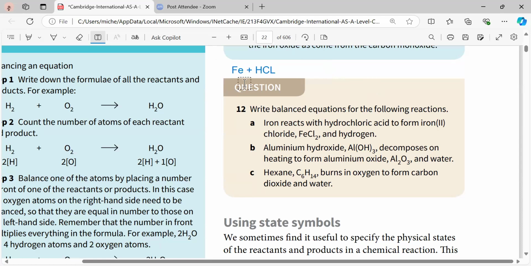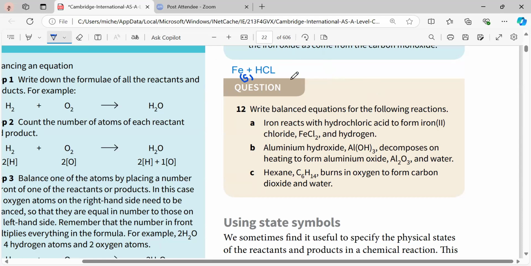We know that hydrochloric acid is liquid, or usually it's aqueous. How you pronounce that, I'm not really sure, but right here I'm trying to write S. It's actually below Fe, or iron.